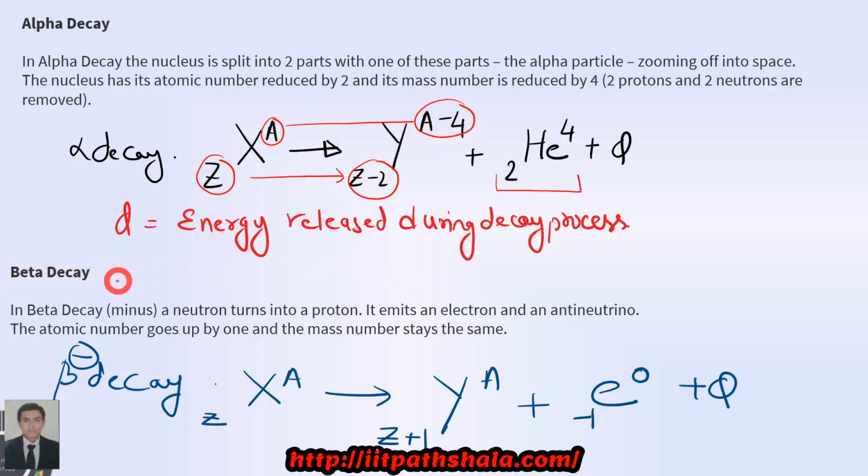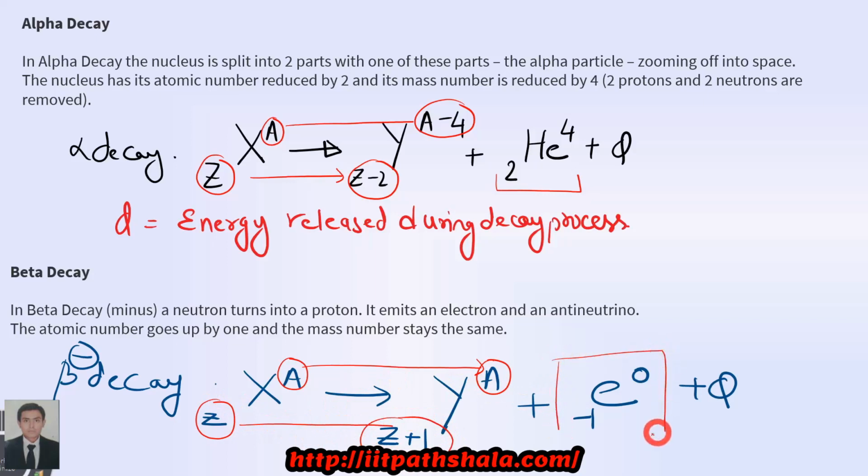If you talk about beta decay, your mass number is unchanged and your atomic number goes up by 1, and you get rid of an electron.